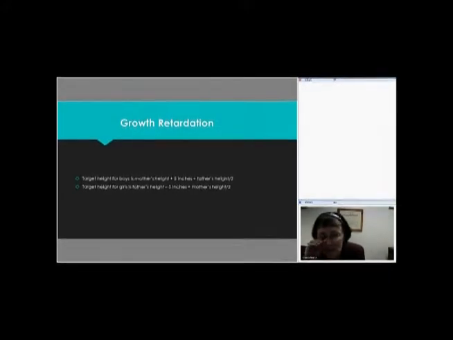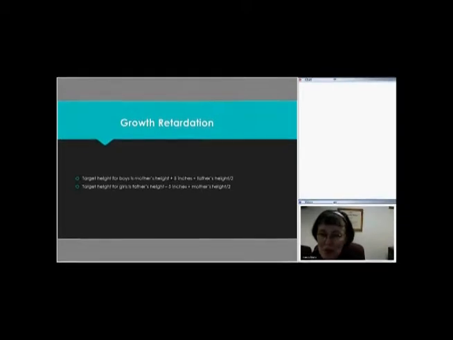And then if you want to know about growth retardation, you can even think about your own height. Target height for boys is the mother's height plus 5 inches and the father's height added to that, divided by 2. The target height for girls is the father's height minus 5 inches plus the mother's height, divided by 2.